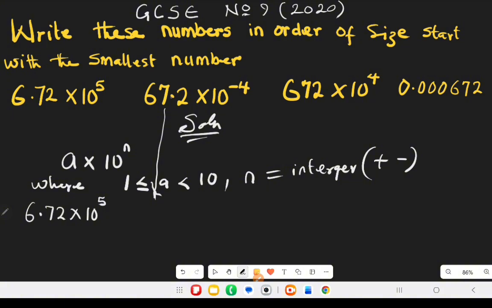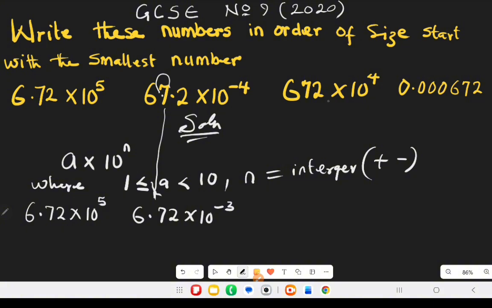We have to move this decimal from right to left, moving it once. Then we are going to have 6.72 times 10. Because we move it from right to left, we have to increase the power of minus 4. When we increase the power of minus 4, we have minus 3, because when we add 1, it gives us minus 3.